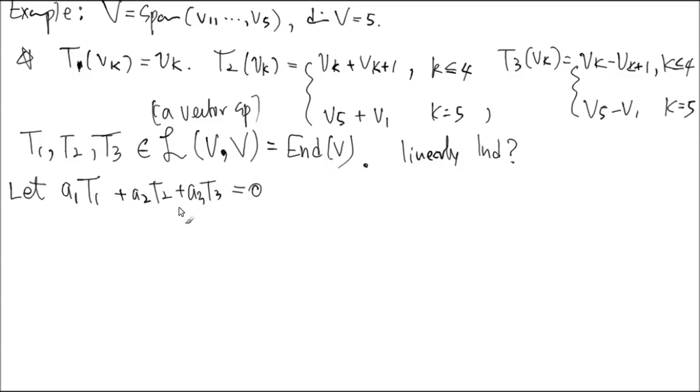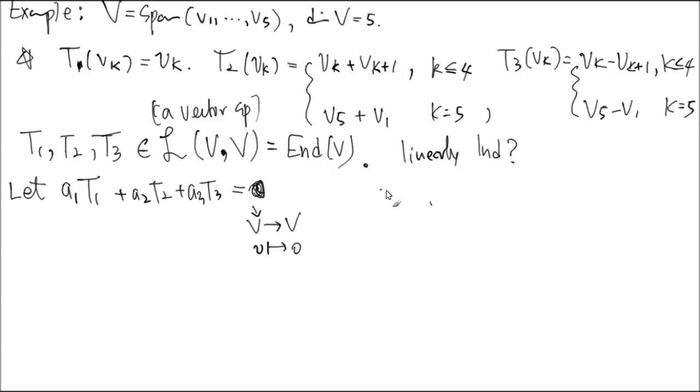Now how do you understand this 0 here? It's a 0 vector, but it's a 0 function, from V to V. This function sends everything down to what element? 0. V1 goes to 0, V2 goes to 0, V3 goes to 0, V4 goes to 0, V5 goes to 0. That's this map here.